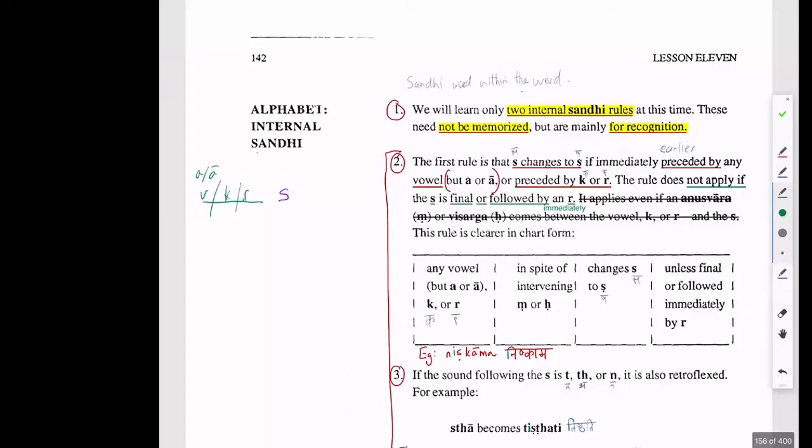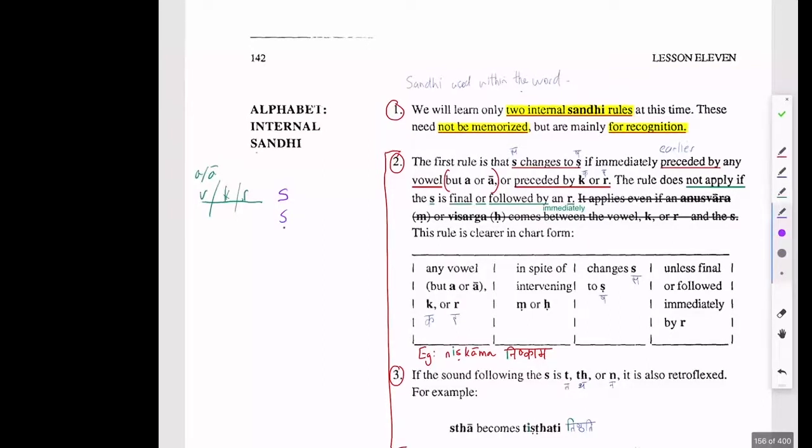Therefore, vowel k, r before s would change that s into a sh. Clear so far?